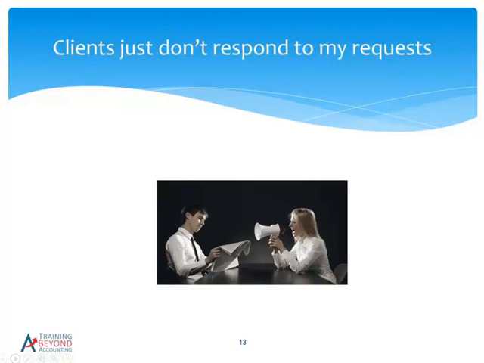Some of the challenges that graduates tell us about in their client interactions: clients just don't respond to my requests. Well, they won't respond to a partner's requests either. So, in that case, they need to come back to you and communicate that to you, and you need again to help them transition through that process so they understand how to be persistent with the client, how to walk that fine line between being persistent and being rude.